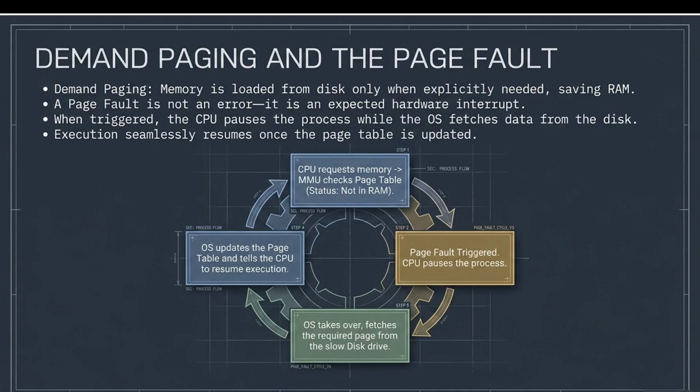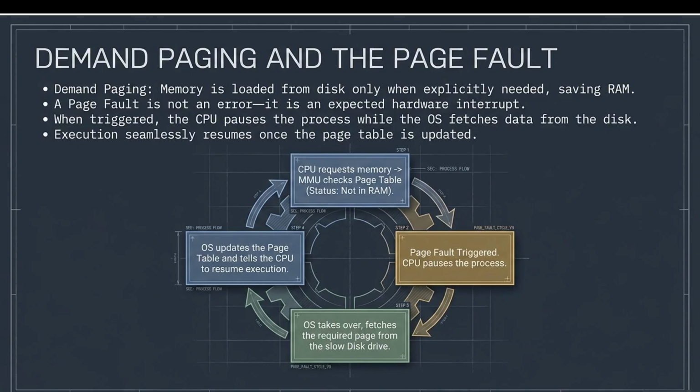A page fault is not an error. It is an expected hardware interrupt. The reason we require it is, suppose the RAM is full and we need more space for the program to run.